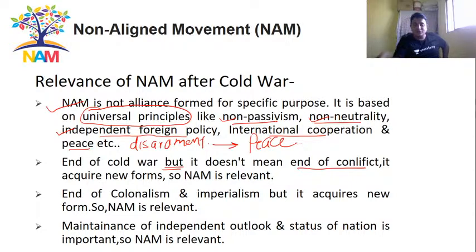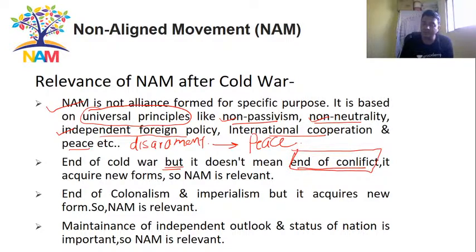What is China doing with its neighboring countries? What is Russia doing with the USA? Valid point. So please remember, it is the end of Cold War, but it's not the end of conflict.